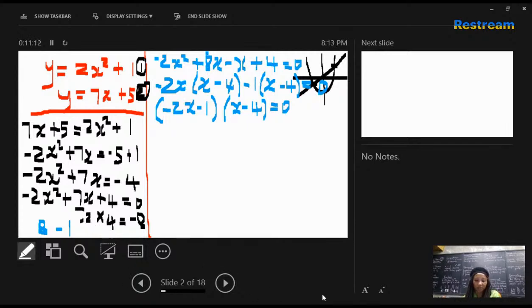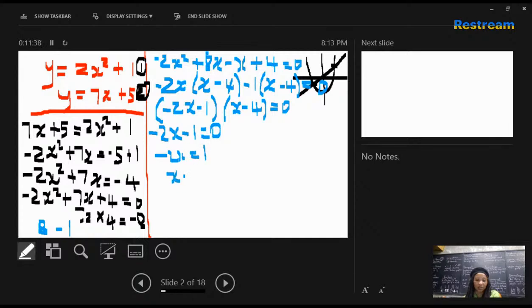So let me continue where she started. We have factorized the quadratic, and now we're going to make each factor equal to 0 to solve. So negative 2x minus 1 is equal to 0. Negative 2x is equal to 1.